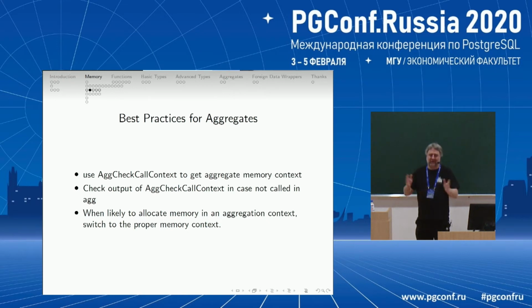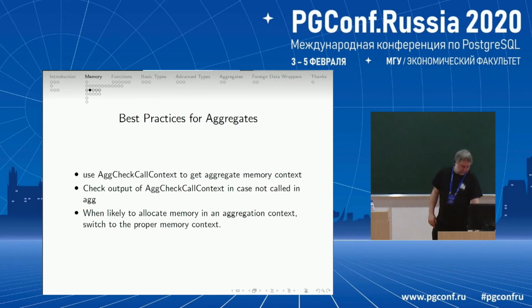Then you go in, you write a query, and it has a text field and then an aggregate. And a text field is variable length. And as long as your longest field is first, everything works. And if you have the shortest field first, then the later fields are going to clobber your aggregate data, and you're going to get garbage out. So you want to use this, and you want to switch to the appropriate memory context if you're having to do any allocations inside your aggregation.